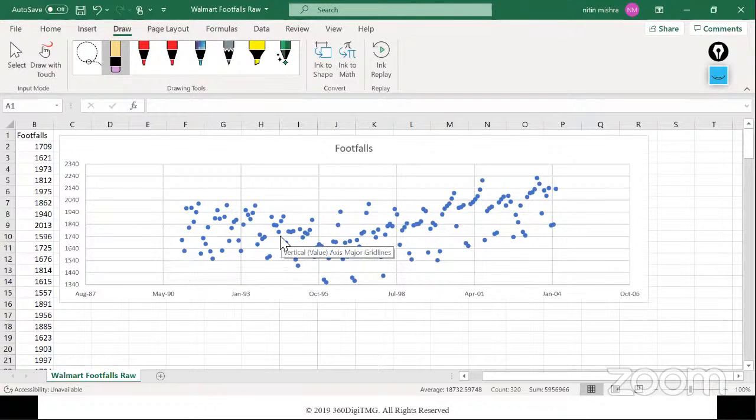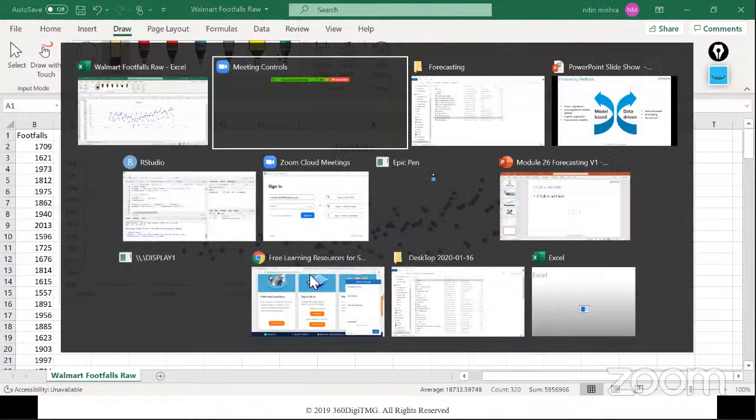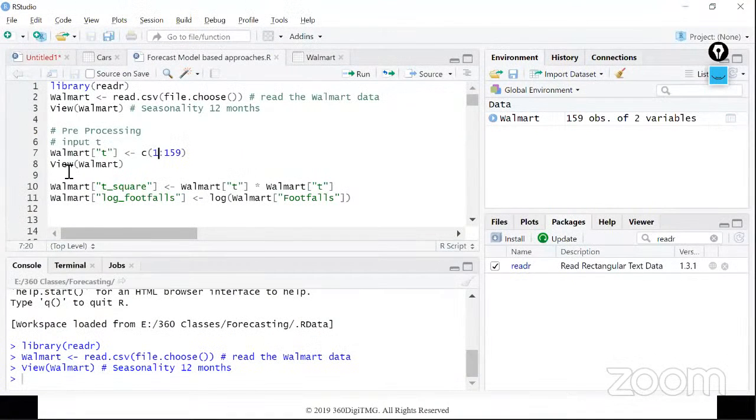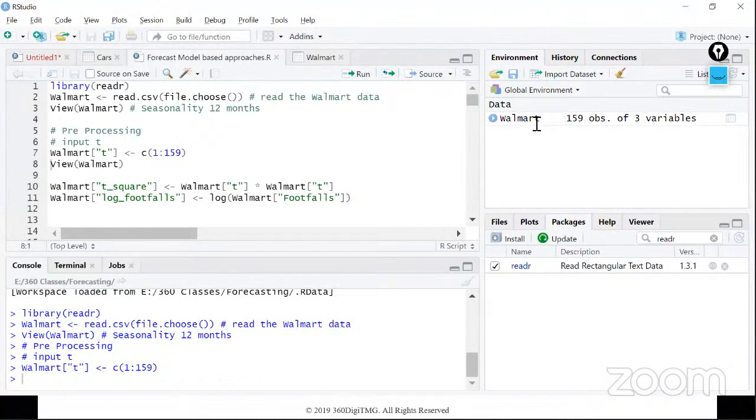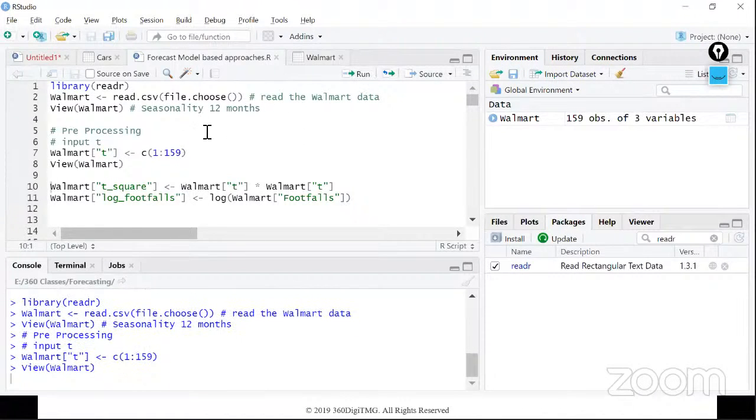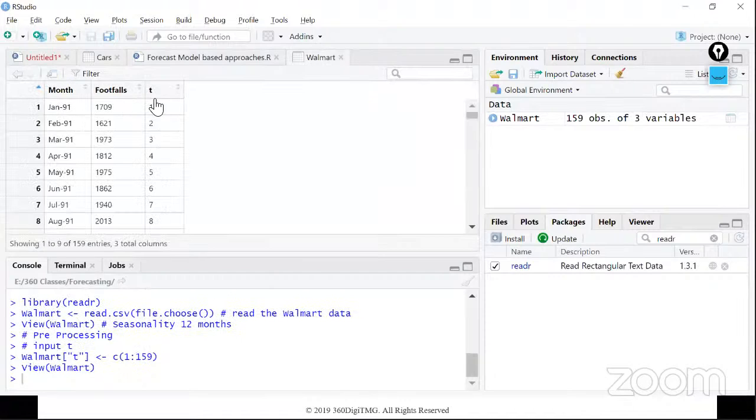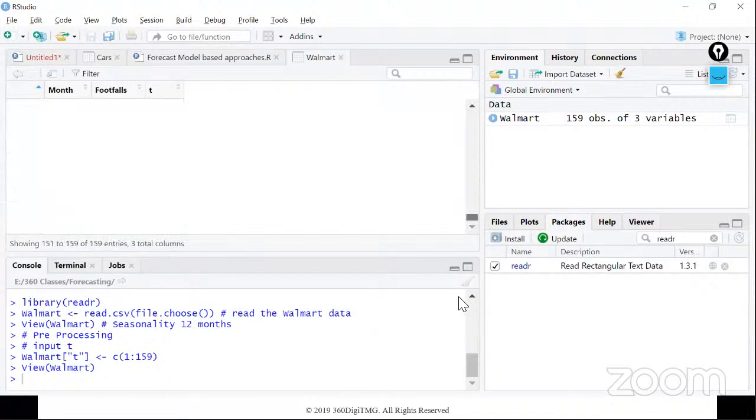I will get an input, and that is going to help me with the modeling. So I'm going to create a column T, add it to Walmart and add values 1 to 159. When I execute that, my Walmart data becomes 3 columns: month, footfalls, and T.